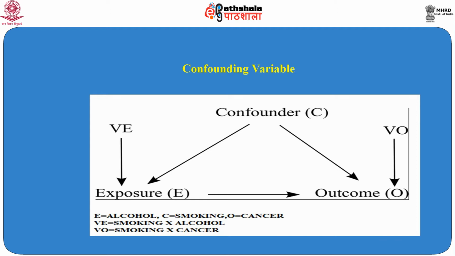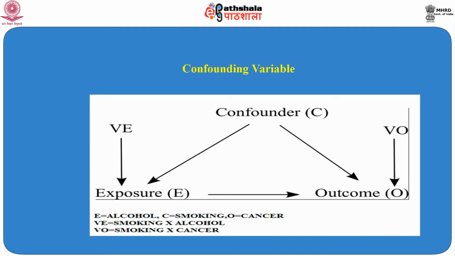When we have one exposure and another outcome variable, and we want to find out whether some third factor is influencing the outcome as well as the exposure, in that case this third factor is called a confounding variable. In nature, it is sometimes very difficult to find out what the confounding factor or variable is.